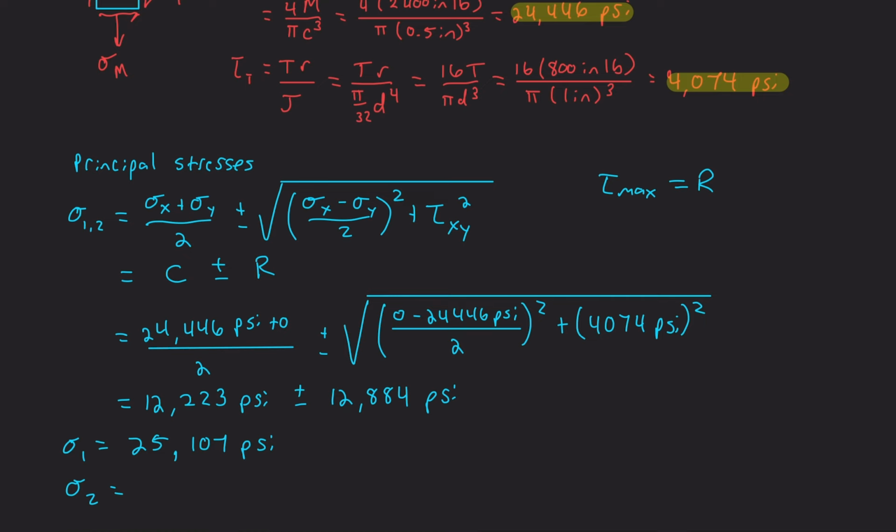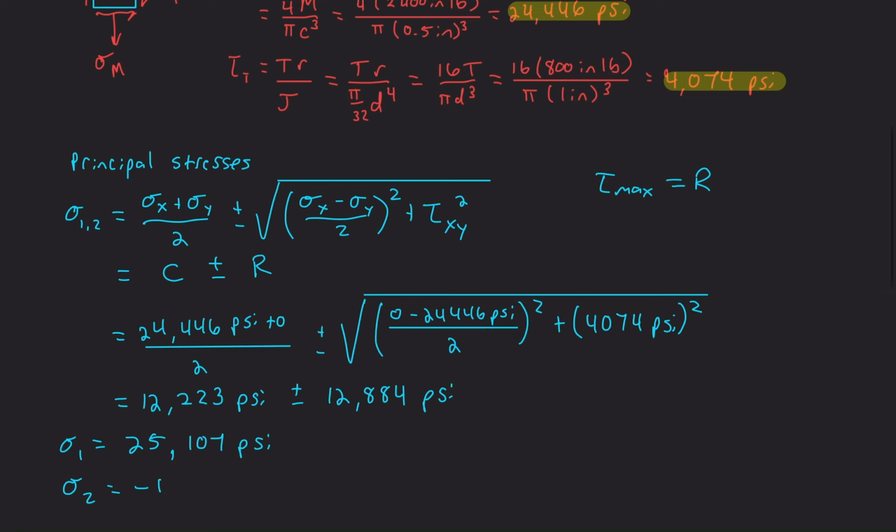And I'm writing it in psi to keep the base units, but it would be a lot more convenient to use ksi. And this is going to be negative 661 psi.